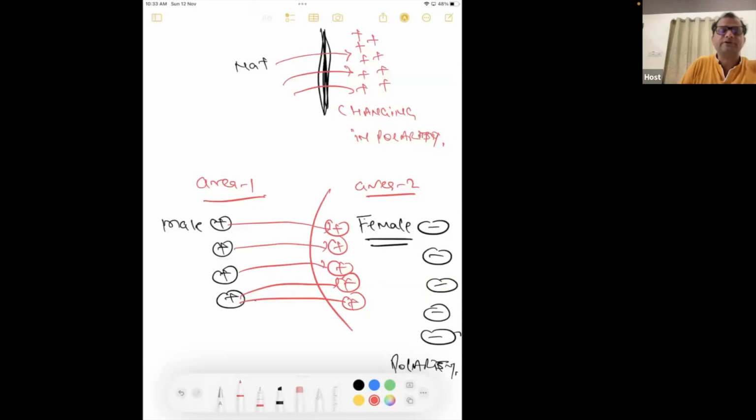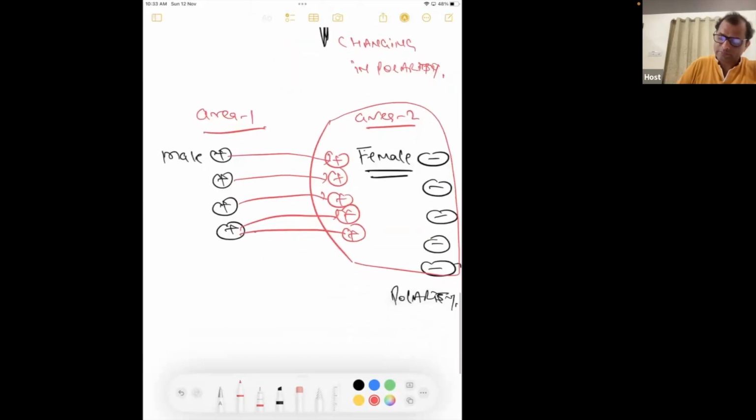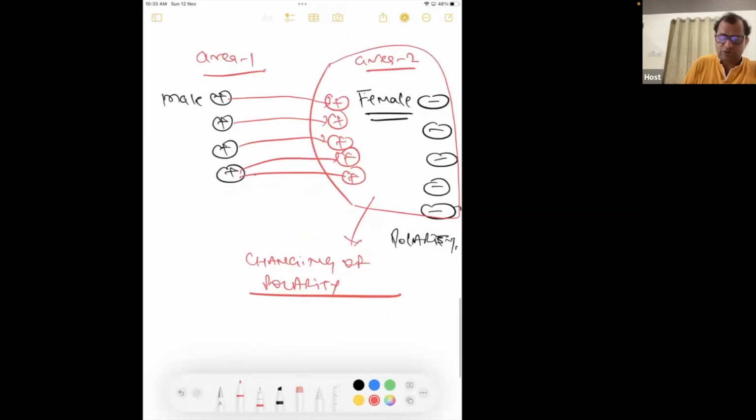So wherever sodium enters, if sodium is entering here, it will do contraction. That's why we say changing of polarity, or muscle contraction, or depolarization.